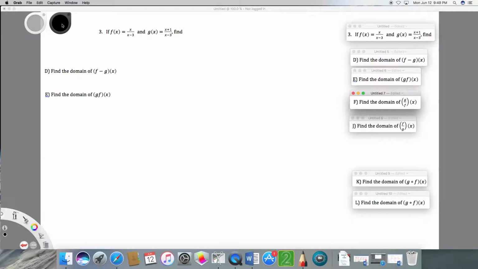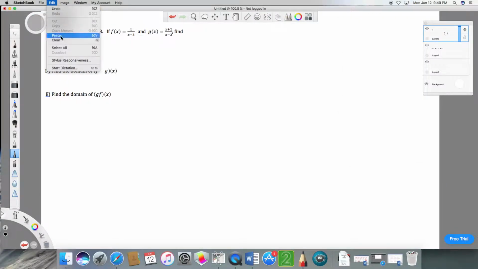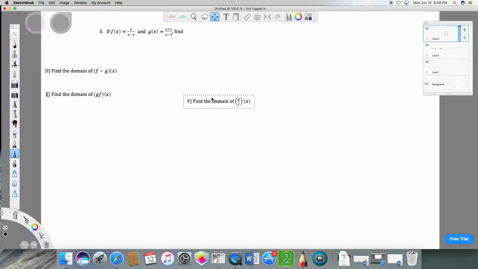Part F might have the same answer, but it could have an additional restriction, because in the denominator there is the function f, and we can't have division by 0, so we may have to throw some numbers out of the domain that cause f to be 0.